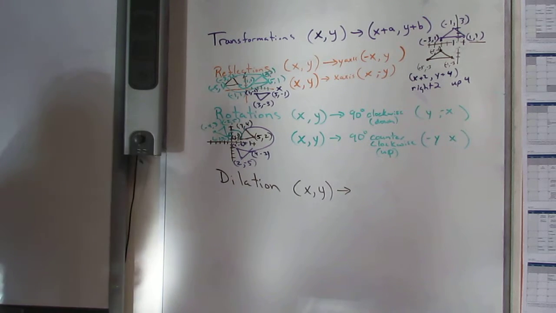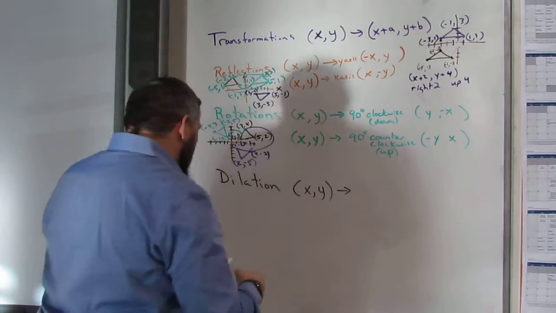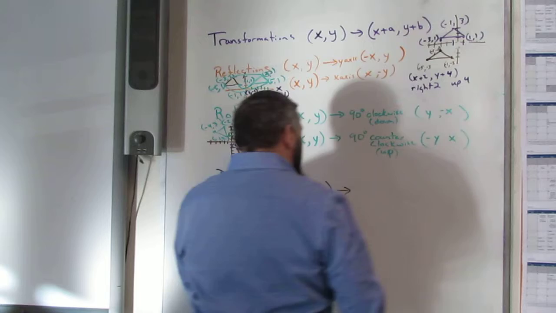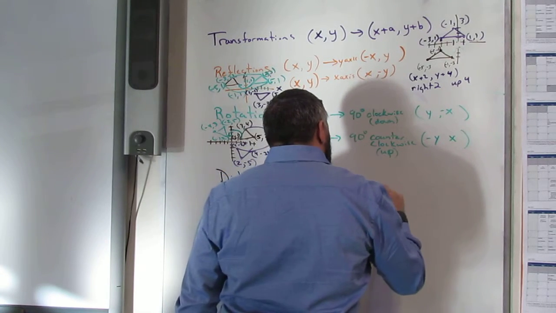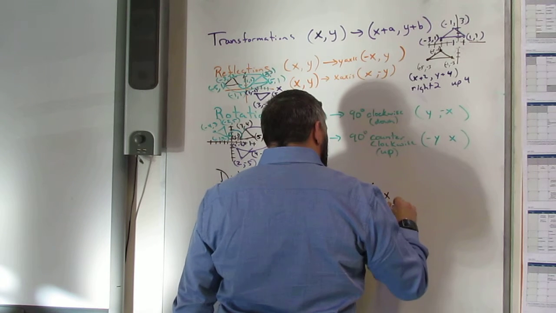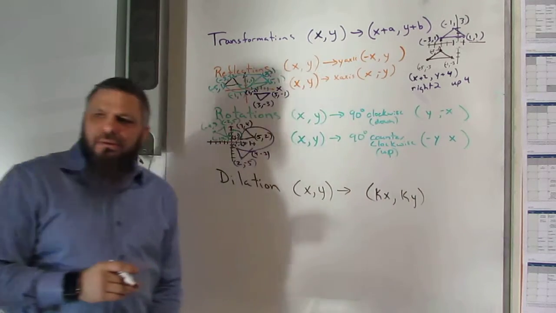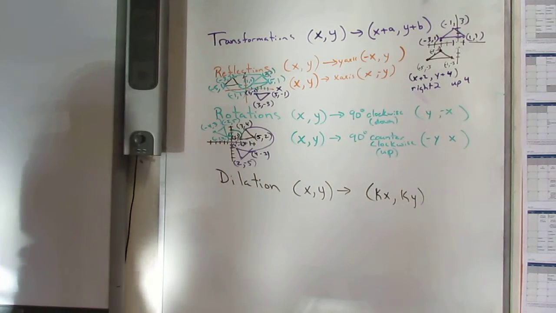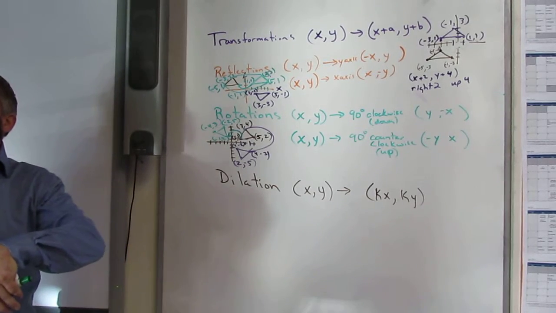But we got to multiply both of them. That's the key. We're going to take this letter K times X and K times Y, and that number is going to make this either smaller or bigger.